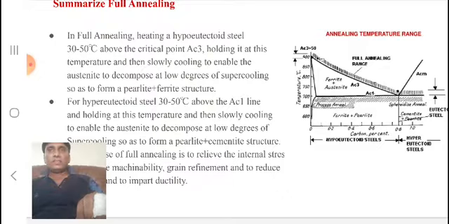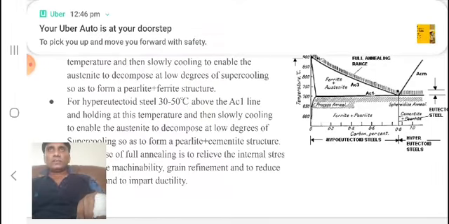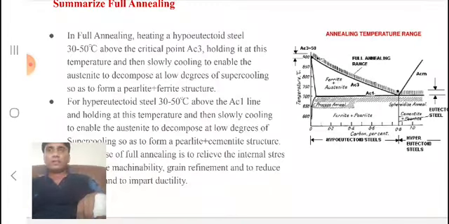And the second difference is that in hypoeutectoid steel the structure we get is ferrite plus pearlite, and in hypereutectoid steel the structure we get is cementite plus pearlite. So these are the two differences between hypoeutectoid steel and hypereutectoid steel which we have to keep in mind during the heat treatment process.